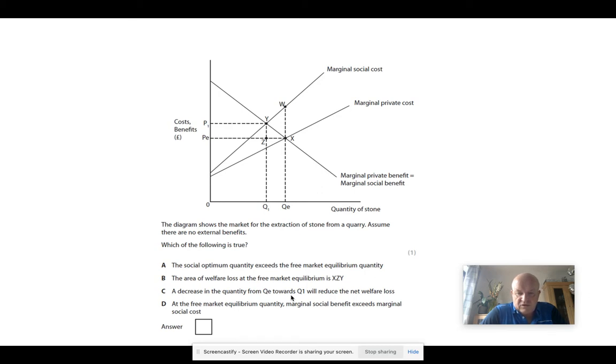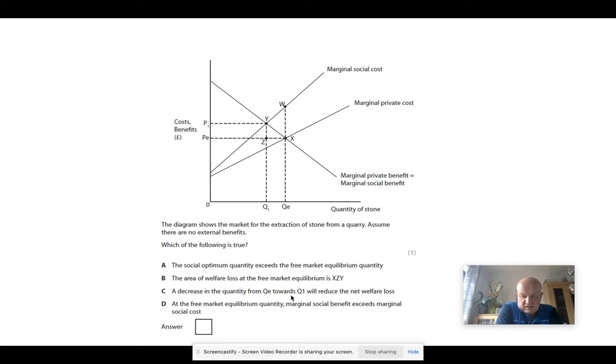Take a look at the previous slides we talked about, your booklet, and possibly the textbook as well, and see if you can come up with which statement is true. The social optimum quantity exceeds the free market equilibrium quantity.